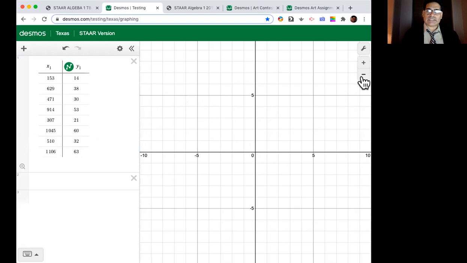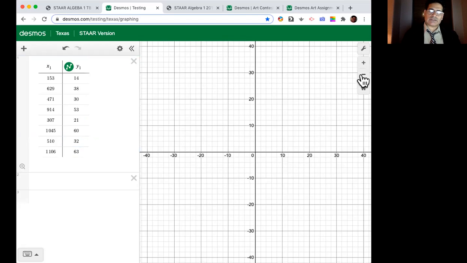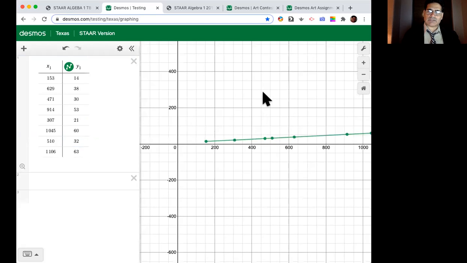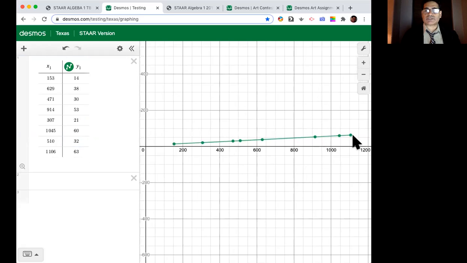Well, let's see. The pattern there extends to 1106, our highest value, 153, our lowest value. And so we have that.